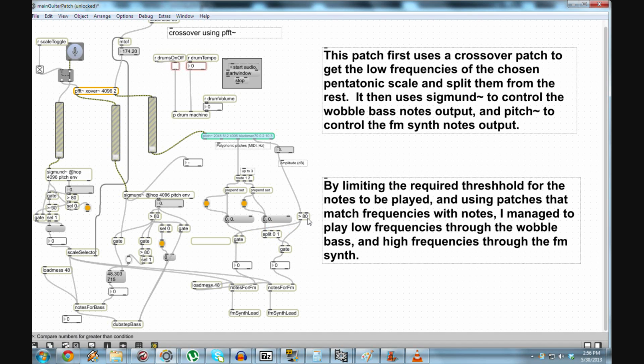This is just to say that the guitar is being played, to start detecting notes. So it's better to have an automatic ADSR rather than a triggered ADSR for this.